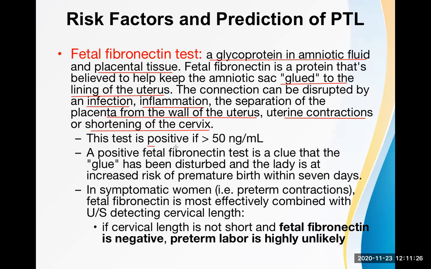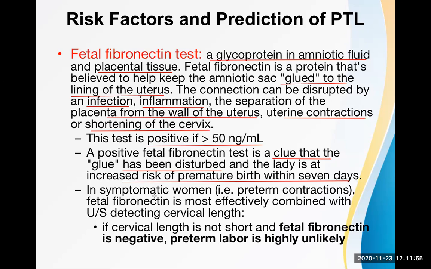This test is positive if it is more than 50 nanogram per ml. A positive fetal fibronectin test is a clue that the glue has been disturbed and the lady is at increased risk of premature birth within 7 days. So just remember this much. If the fetal fibronectin test is positive, there is a chance of premature labor within a short time.